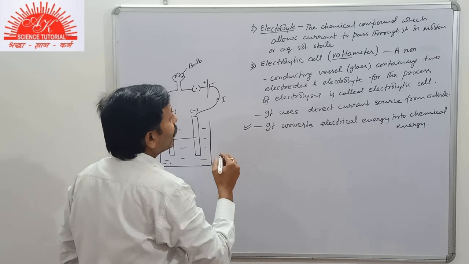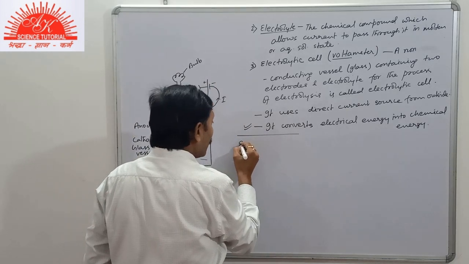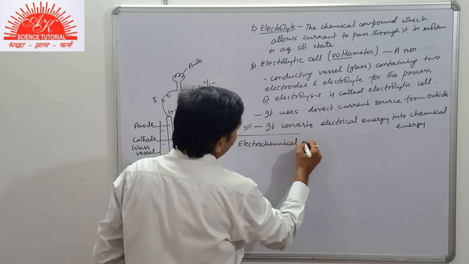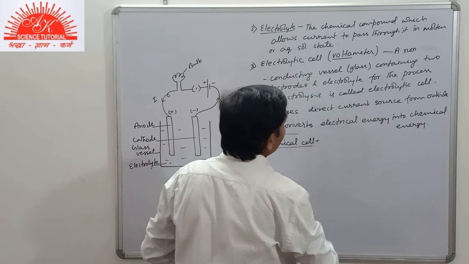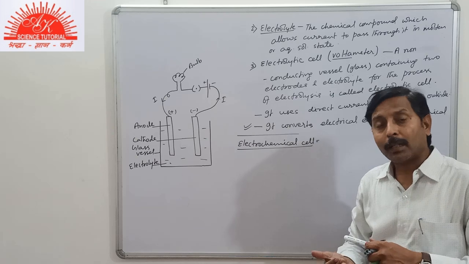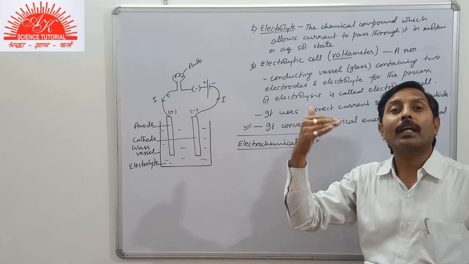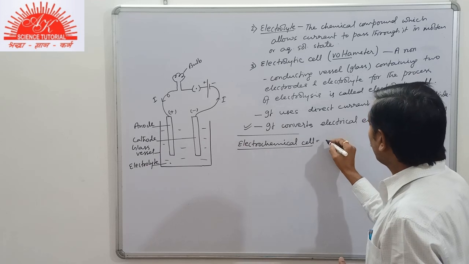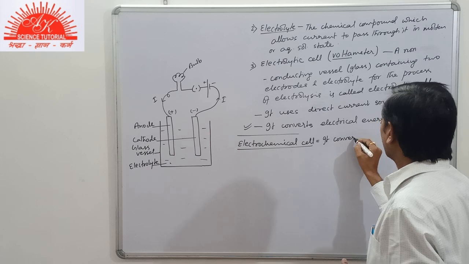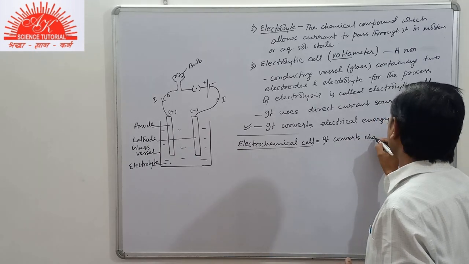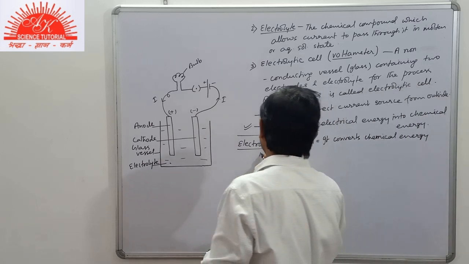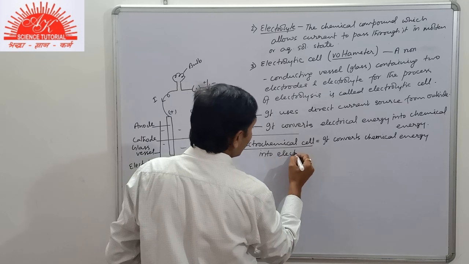Comparing it with electrolytic cell, now we have one electrochemical cell. Now this is the cell in which when chemical reaction takes place, then it acts as a source of electric current. So we write here, it converts chemical energy into electrical energy.